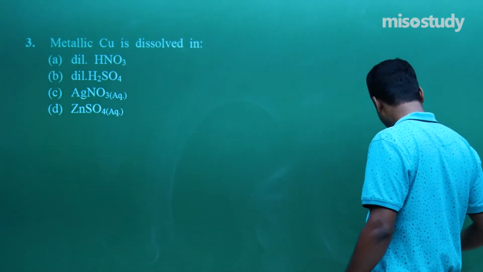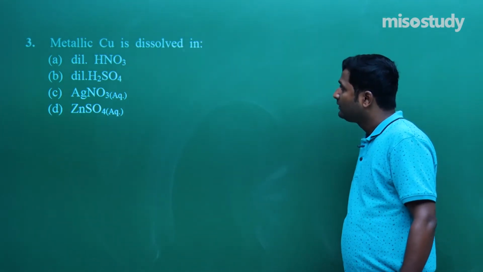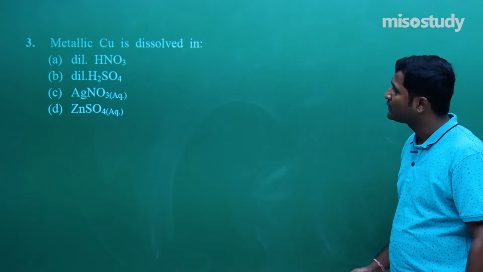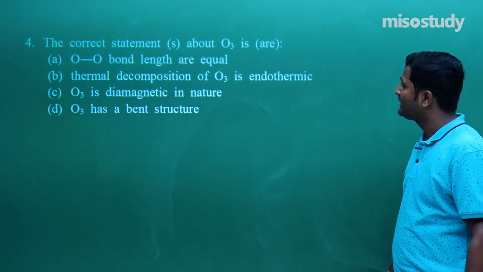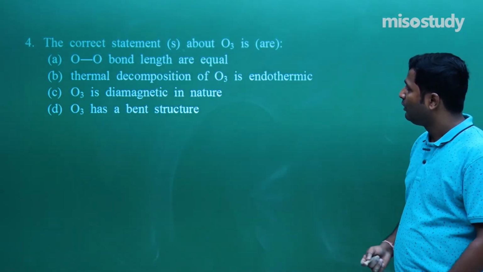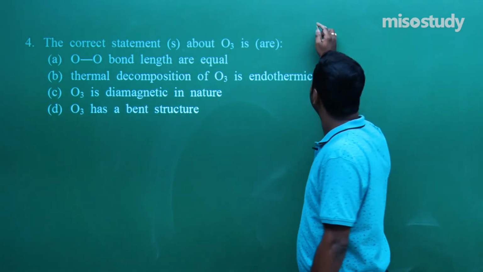Now wait for a moment friend. Now let's move to the next question, question number 4. The correct statement about O3: OO bond lengths are equal. Check it out.